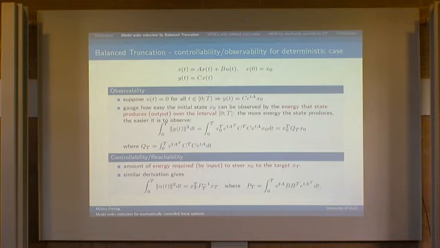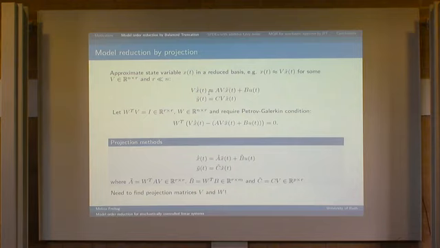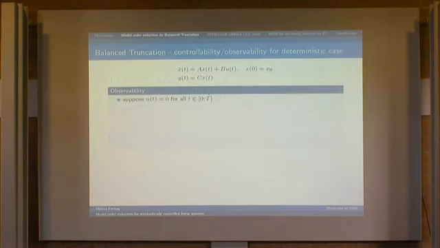So you want to do this basis transformation, remember the V's and the W's, so that states that are easy to reach and states that are easy to observe have the same basis.